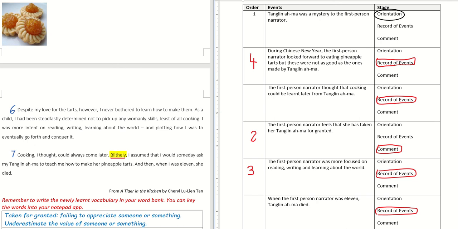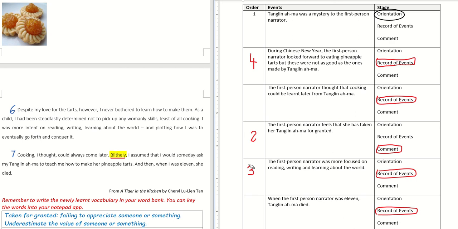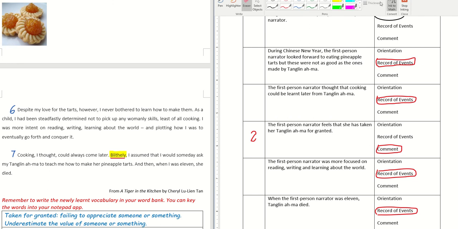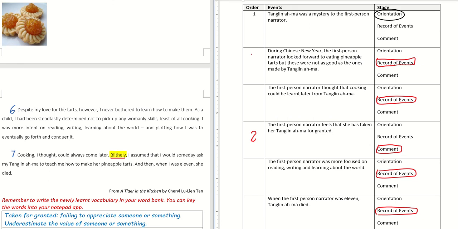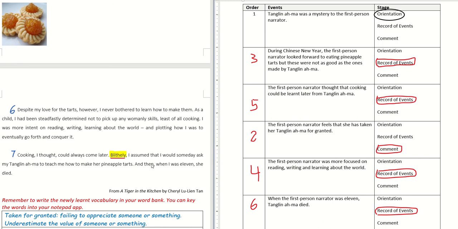I should erase that part. So that should be number 3. And then reading, intent on learning about the world is here, number 4. Okay. And this is number 5. And this is number 6.